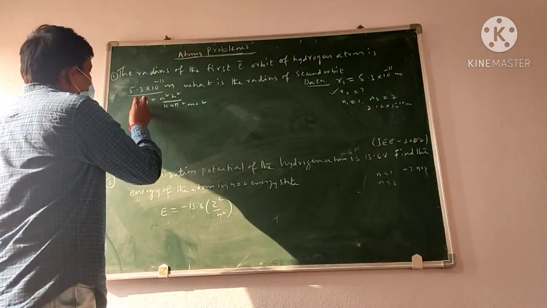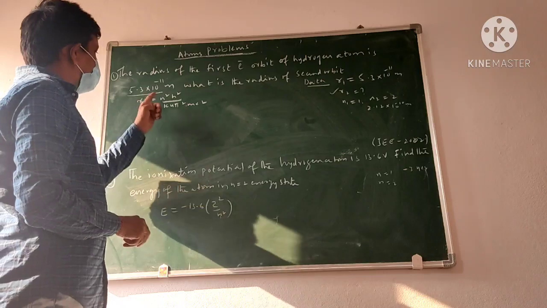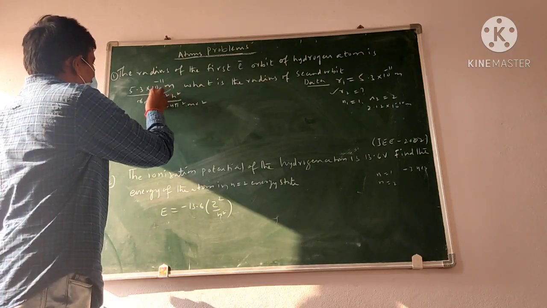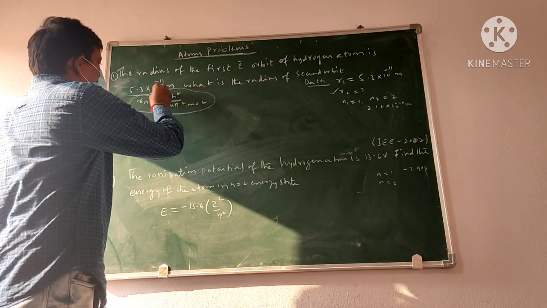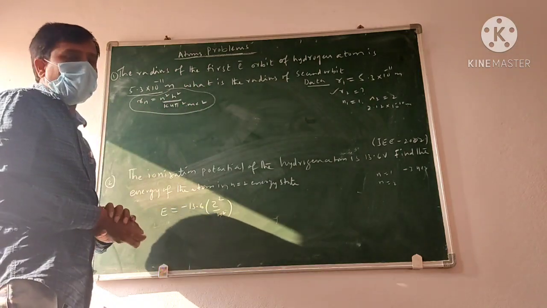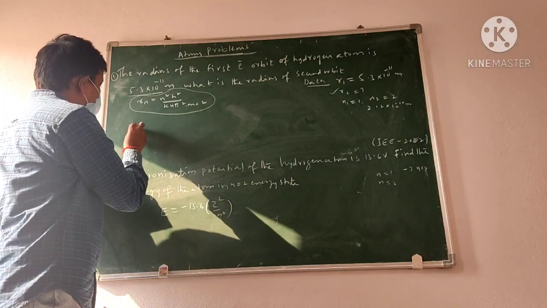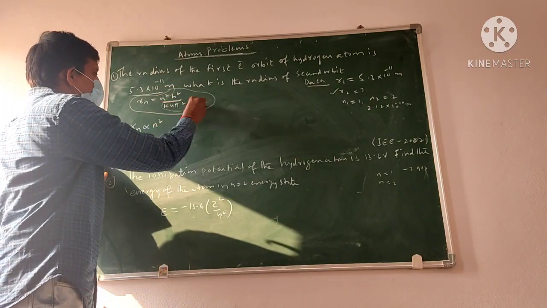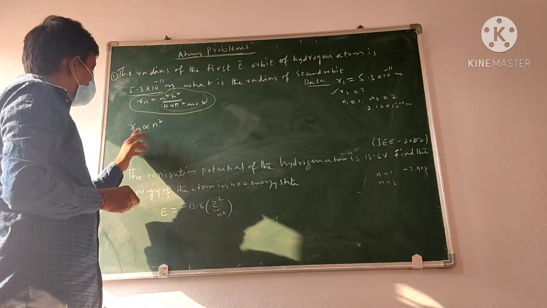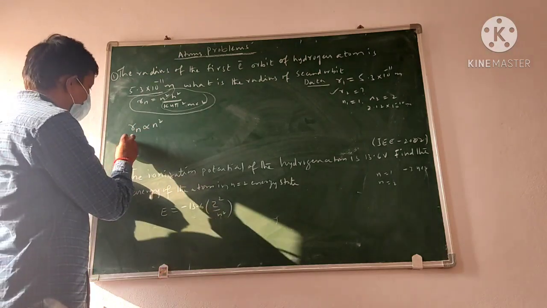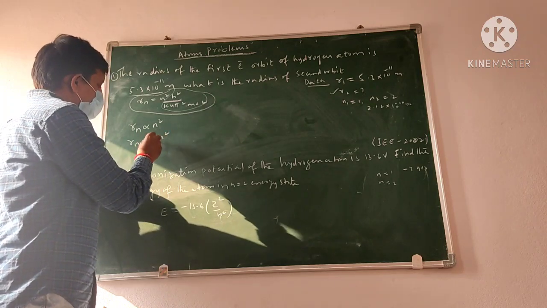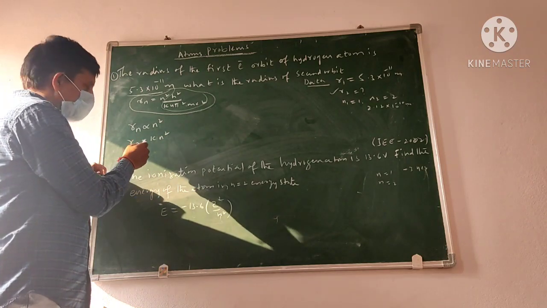We know that Rn is equal to n² h² ε0 by π m e², the radius of the orbit. According to this, Rn is directly proportional to n². The remaining are all constants. Rn is equal to K into n², where K is called the proportionality constant.